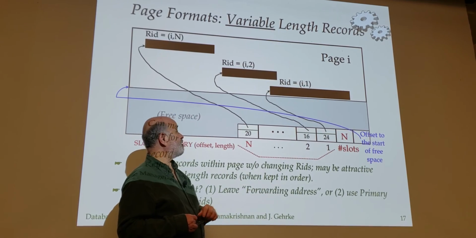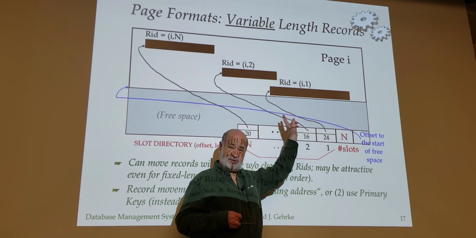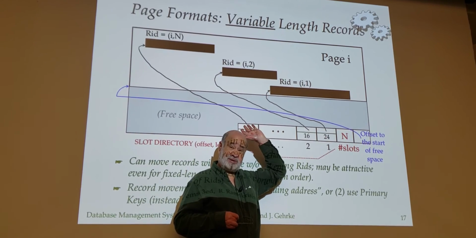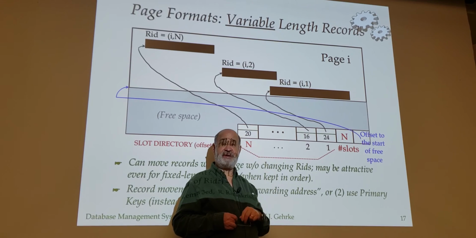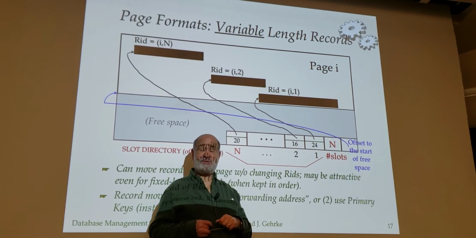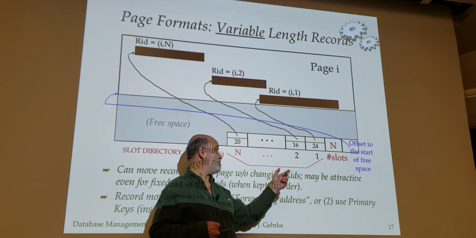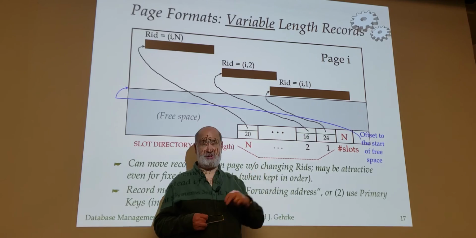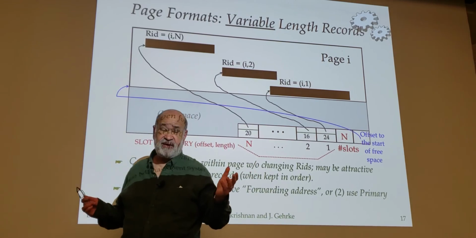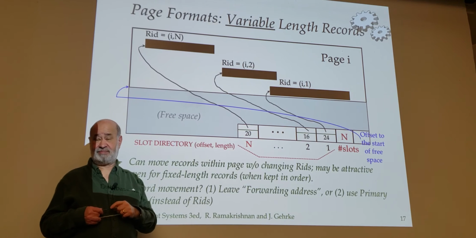So anything that was later, like record 1, its offset got reduced by 16 bytes because we moved all these things back 16 bytes. So that's one thing that I need to keep track of. And of course, I have to keep track of where record 2 is. So record 2 occupies a position. I have to set record 2's new position as well as its length. Its length becomes 30, and its offset becomes wherever I ended up putting it when I was done.